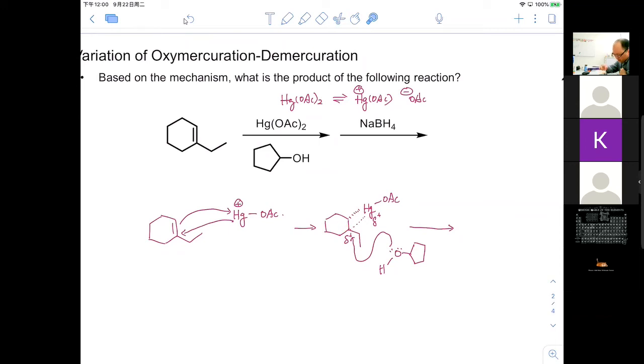Okay, from the top. That makes the product look like this. Because the OH attacked from above, the acyl group is in the bottom now. So the OH here has a positive charge, all right? And the mercury, because the first oxymercuration is perfectly anti-addition, right? So the mercury will be on the back side.